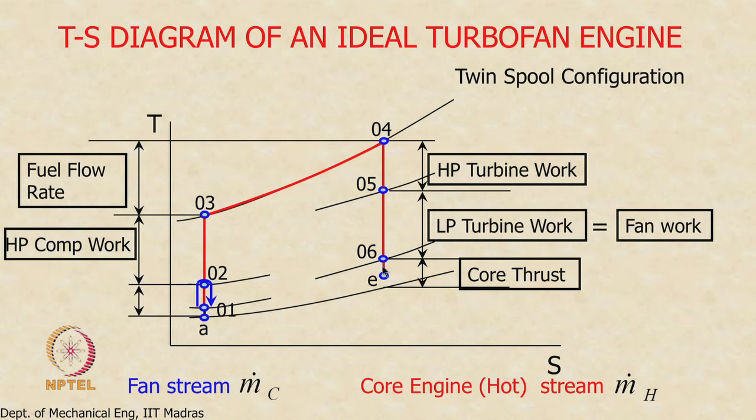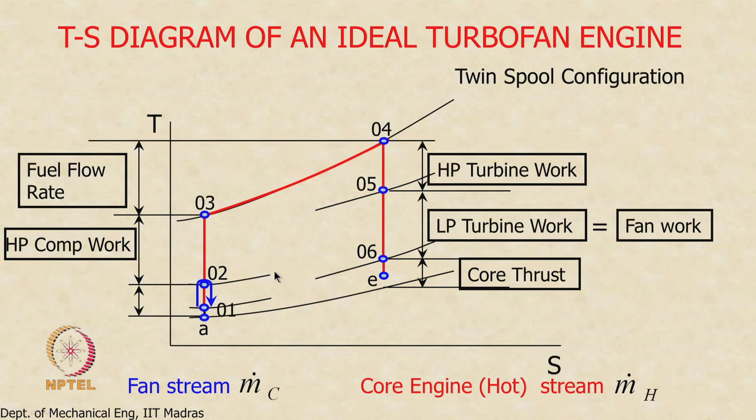That means the nozzle is choked. As I keep moving this down, E also will keep sliding down. Eventually, the core engine nozzle may actually become unchoked. So, the thrust produced by the core engine nozzle decreases continuously as I increase the bypass ratio.